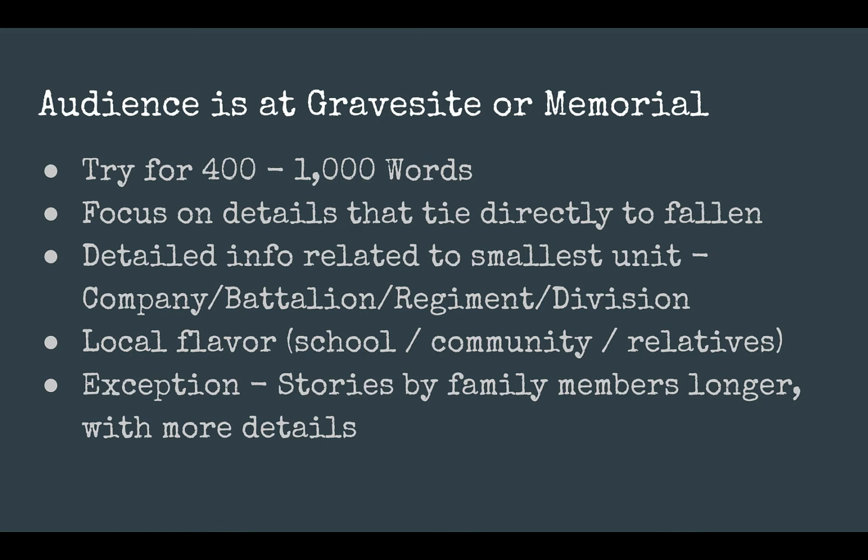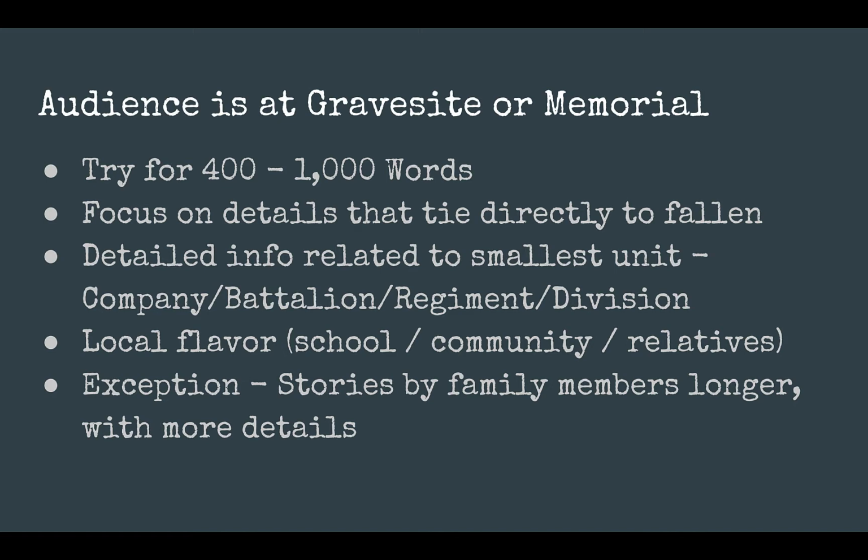For airmen, you may have a tail number that you can use, and you can use that to find information about that particular plane. And for Navy, obviously, a ship would be the one you'd want to be able to focus on. You can add information about that ship because that would have also been an experience of that person that you're writing about.